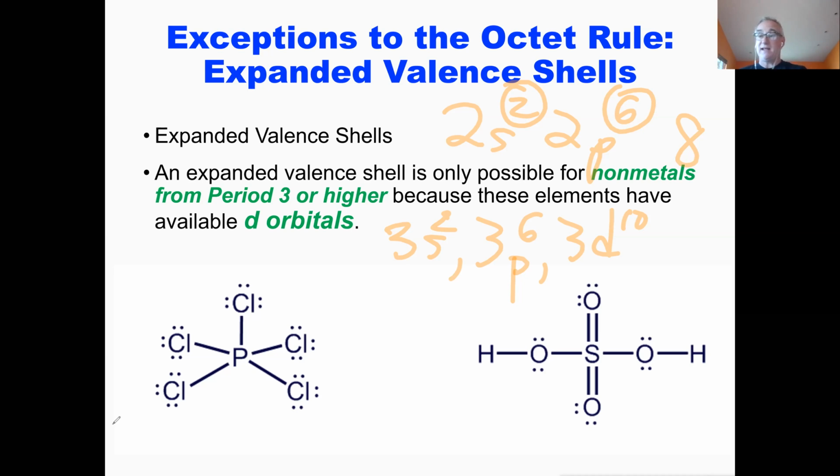But as we can see here with sulfur and phosphorus, they violate the octet rule routinely. Sulfur has 6 valence electrons, just like oxygen. So you can see here the sulfate ion, sulfur in the middle is forming 6 bonds.